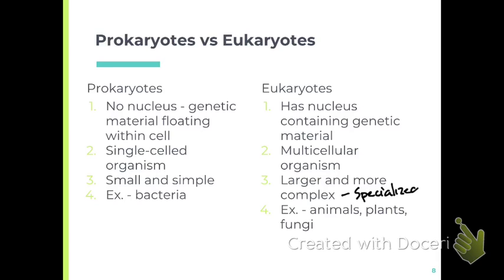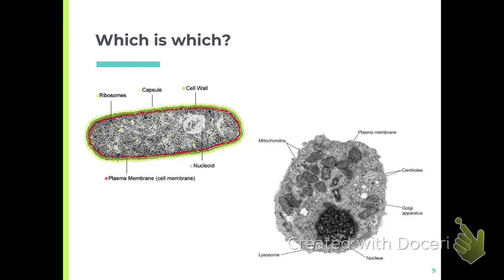Specialized means they have a particular job. We have muscular cells, skin cells, cells in our heart, blood cells. They're all specialized, and that's all within eukaryotes. So specialized is an important word there. And lastly, examples are animals, plants, fungi, like mushrooms. So if we look here, which is which?